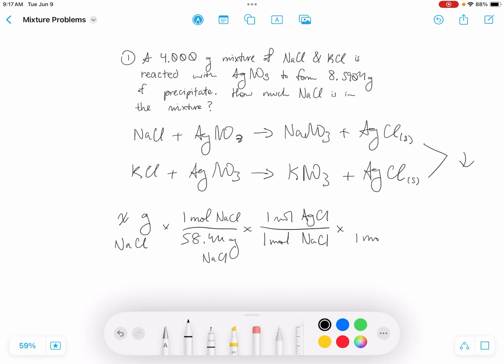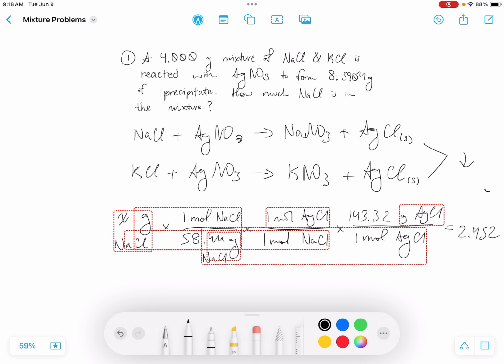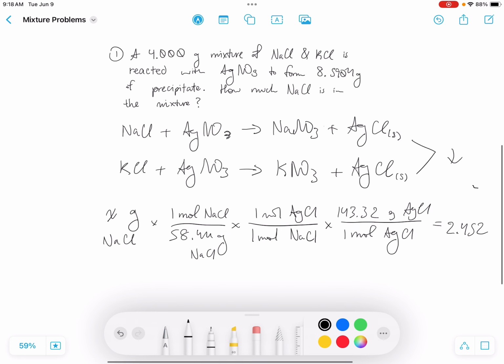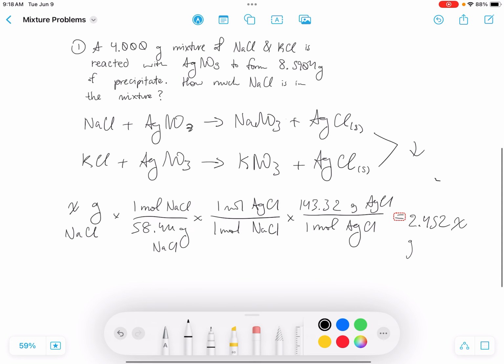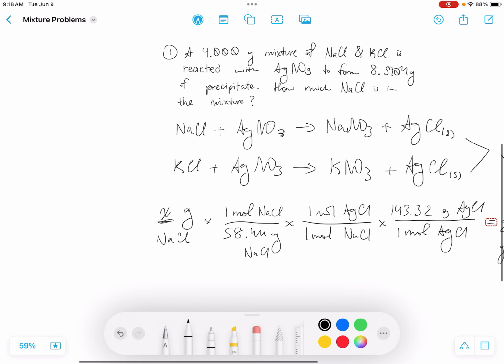Then 1 mole of AgCl goes to 143.32 grams of AgCl. So that should all get you 2.452x grams of AgCl. Because remember, we have x grams of NaCl.